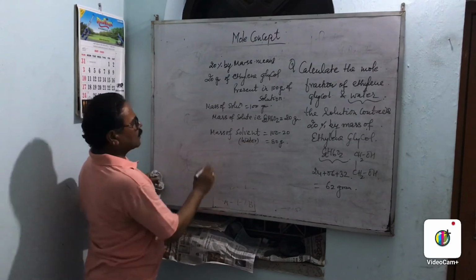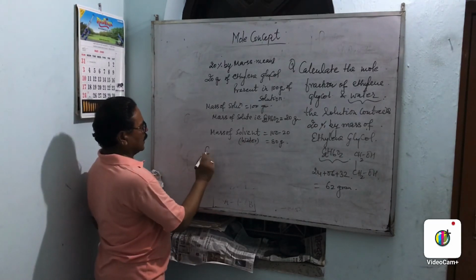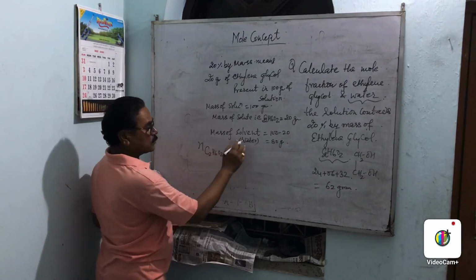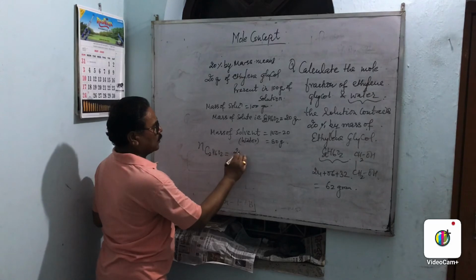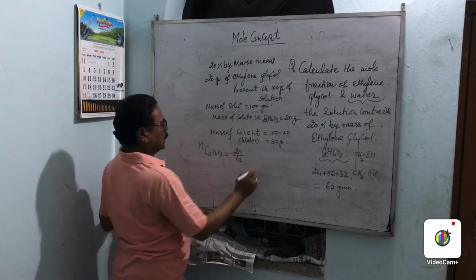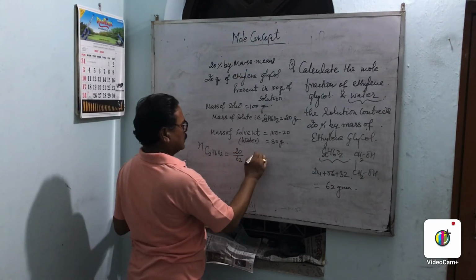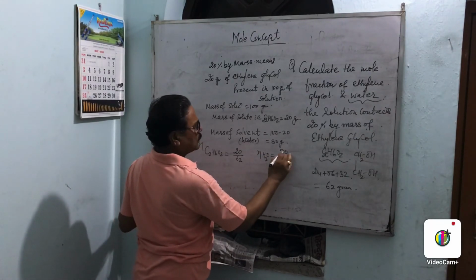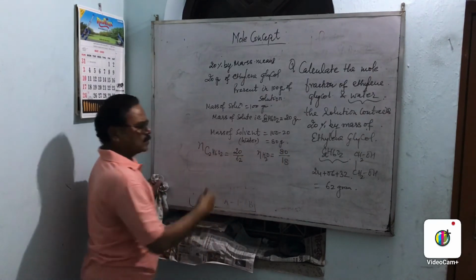So you calculate the number of moles of ethylene glycol, that is n of C2H6O2, which is weight by molecular weight, 20 by 62. Calculate the moles of water, that is 80 by 18. Here the mole is also involved.